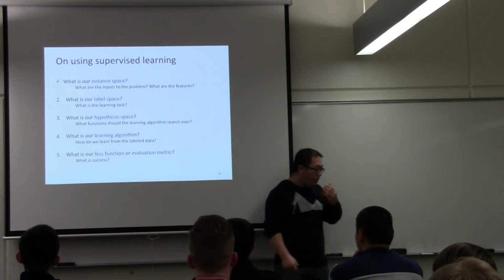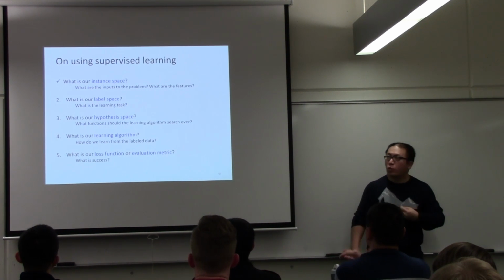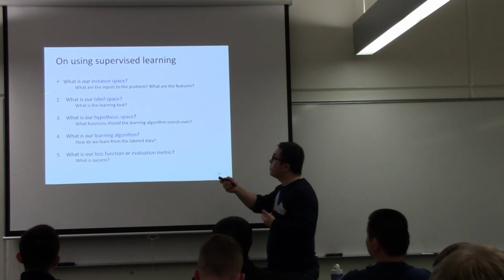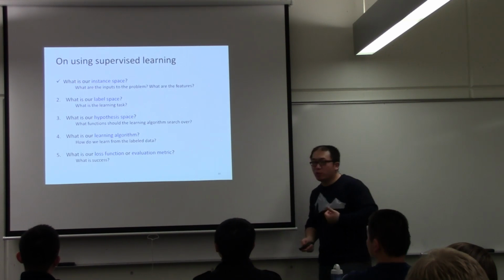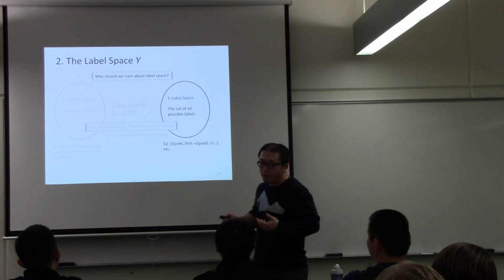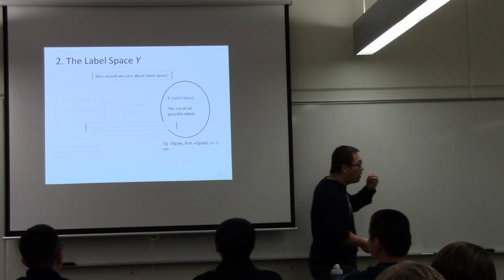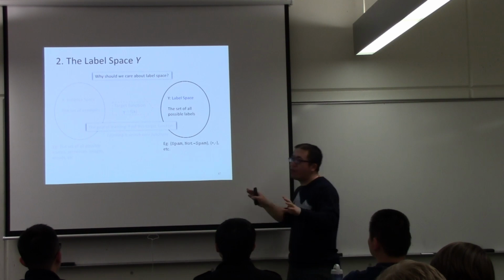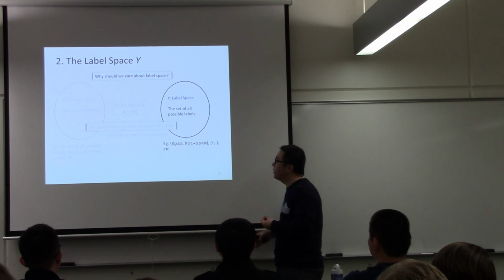Now, let us look at the second problem we need to consider in deploying our supervised learning task. That is, what is our label space? Why should we care about the label space? First, it helps us to well-define the problem. If we do not know what our label space is, then we cannot carry out our prediction task, right?